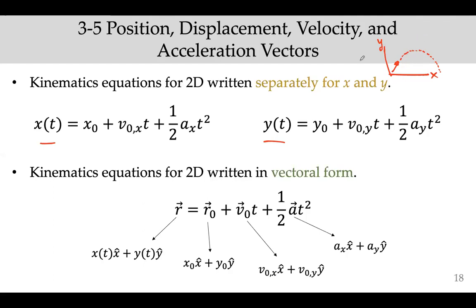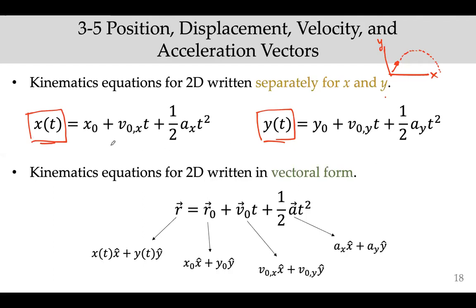But I can analyze this motion, I can make calculations by using 2 equations. One of them is for y and the other is the equation for x. The equations look the same, except that instead of x, in the other one you have y components.